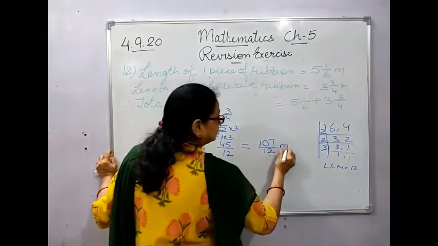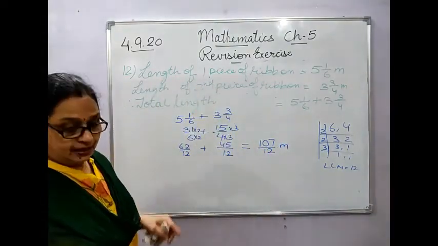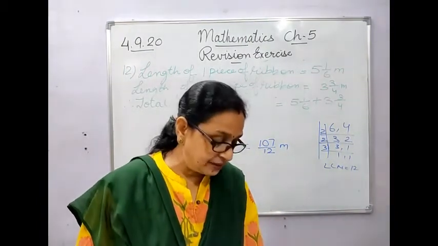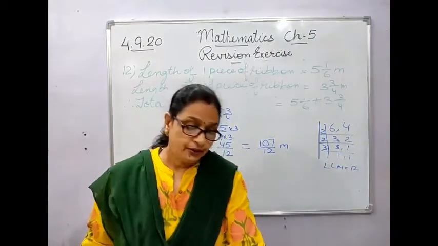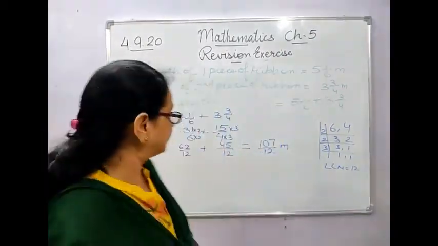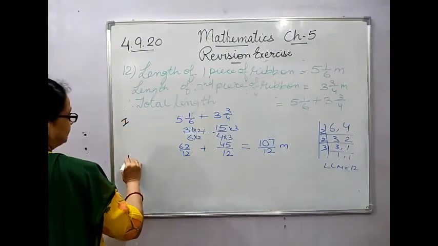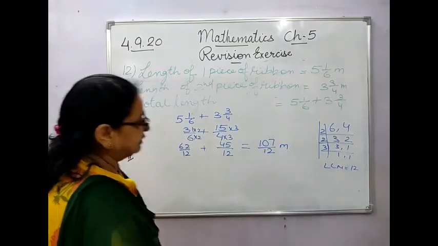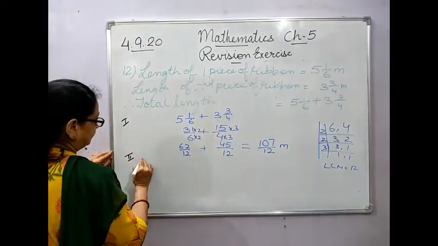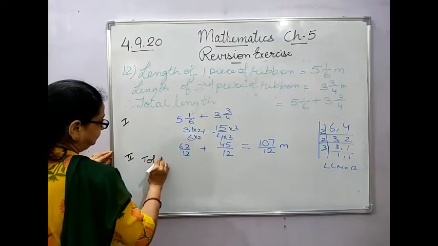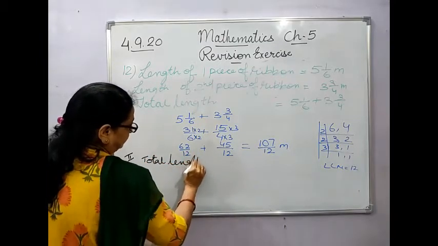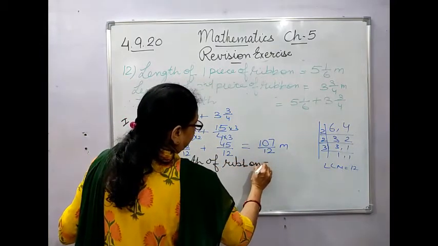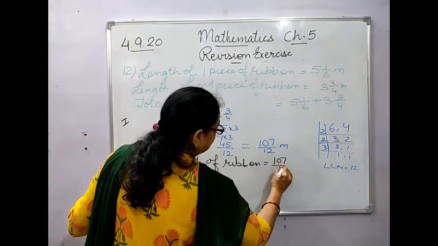This is meters. That was the total length of the ribbon they had. Out of which she has used 6 7/8 meter to decorate the doll. So that will be the second part of it. This was your first, this is the second. And they have asked how much ribbon is left. So total length of the ribbon is 107 upon 12 meters.